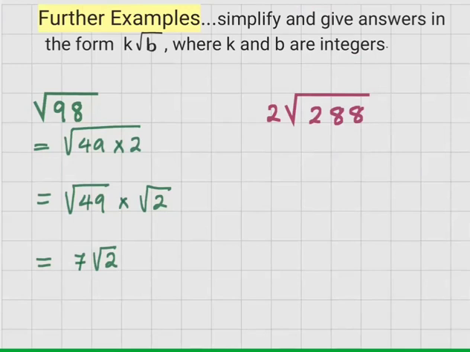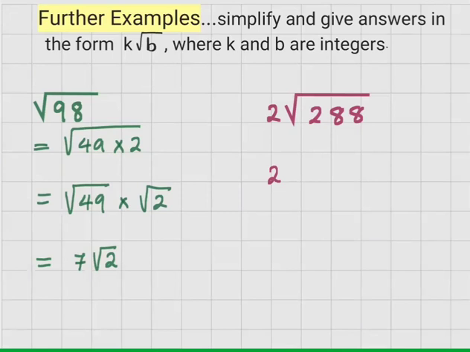Our second example has an existing number outside, multiplying with our root. We are not going to do anything with the 2. We're just going to carry ahead our method and multiply the final result by 2.